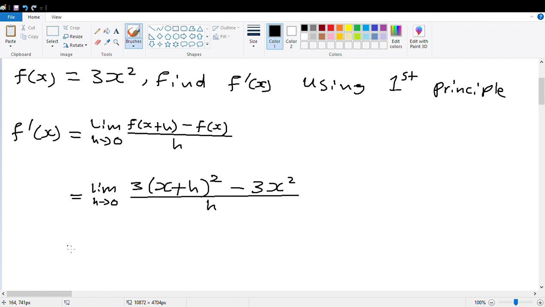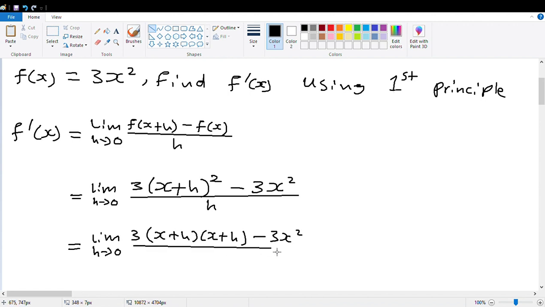So we're going to have a limit when h approaches 0 of 3 times (x plus h) times (x plus h) minus 3x squared, all divided by h. For these two multiplying factors, I'm just going to use the FOIL method.